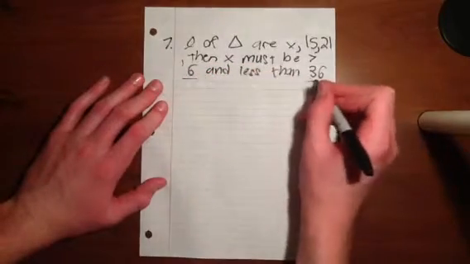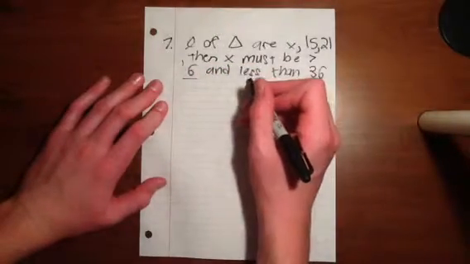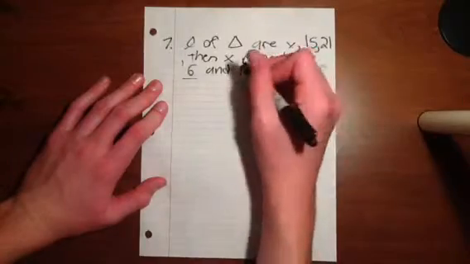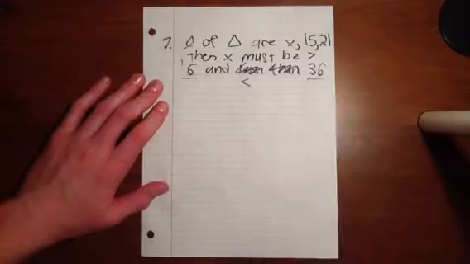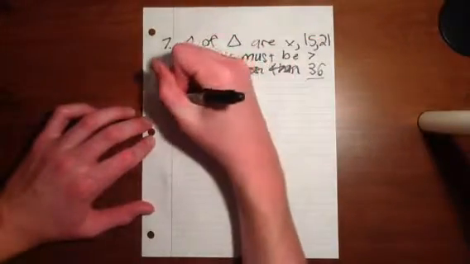And this is because of the statement, the third side of a triangle is always greater than the difference of the other two sides and less than their sum. Cross that out, and that's the answer to number 7.